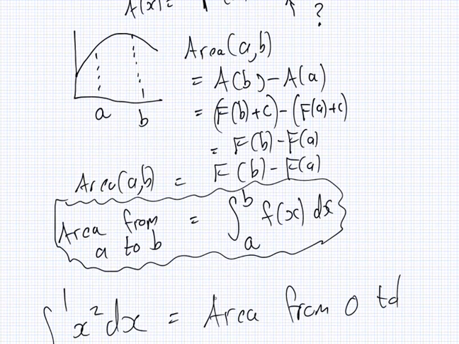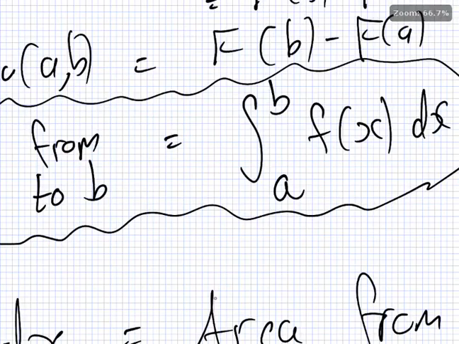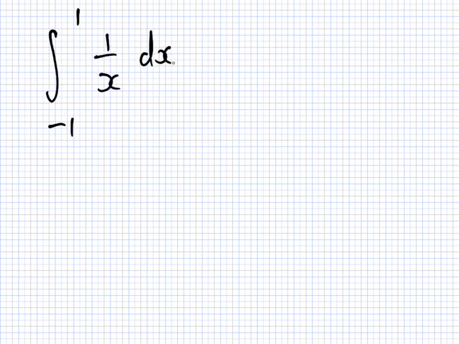Okay, so let's have a look at an example here. Let's say we had something like this: minus 1 to 1, 1 over x dx, as an example.